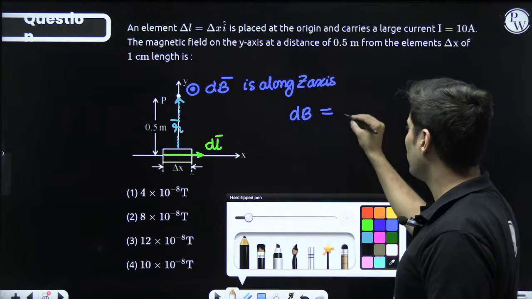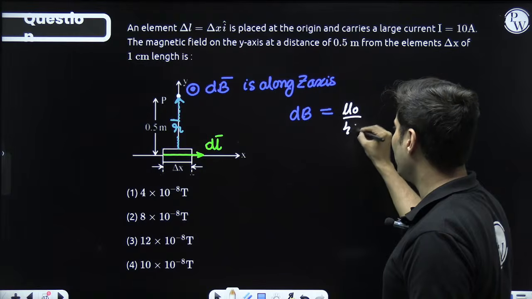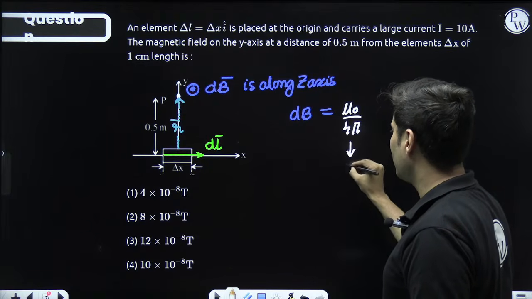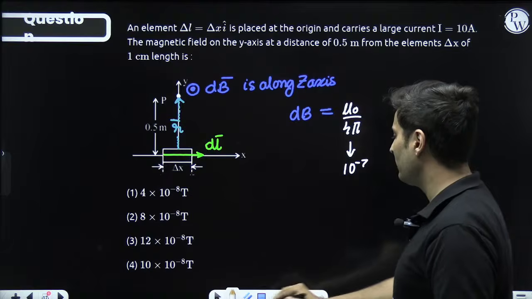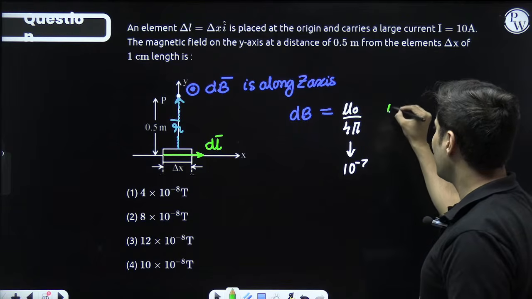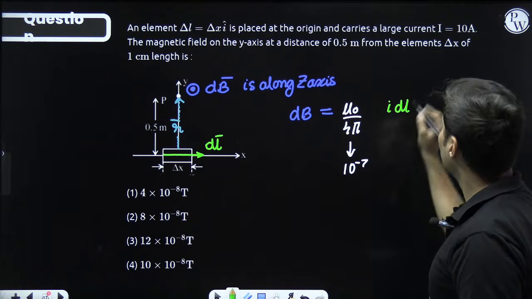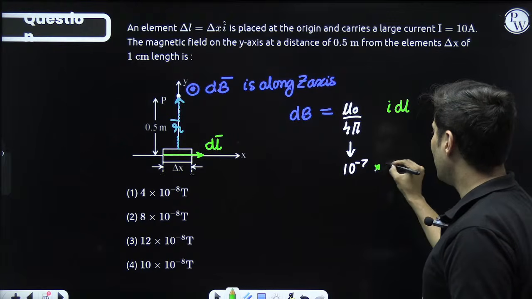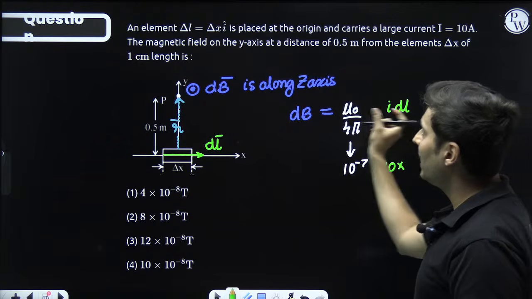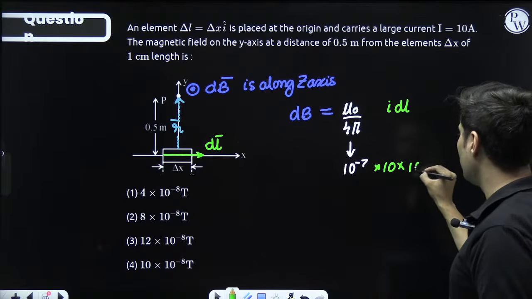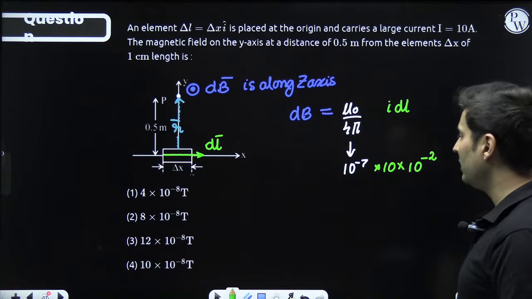So what will I put first? Mu naught by 4 pi, whose value is nothing but just 10 to the power minus 7. Then you should put current into dl. Here the current is basically 10 amperes. The length of that segment is 1 centimeter, meaning 10 to the power minus 2 meters.